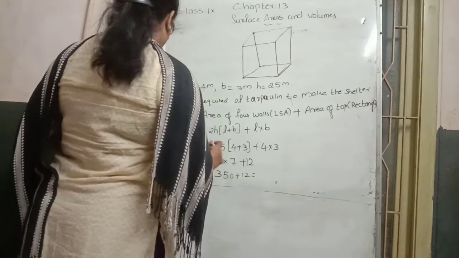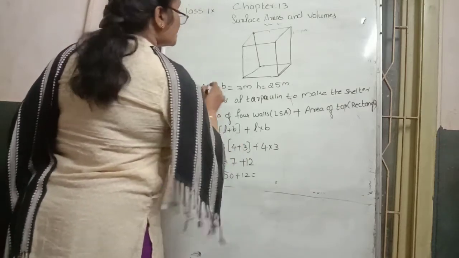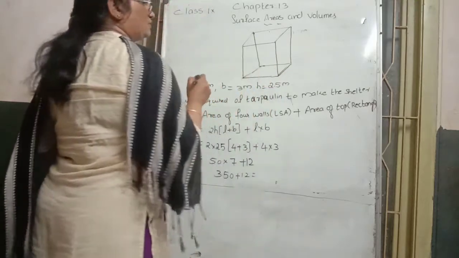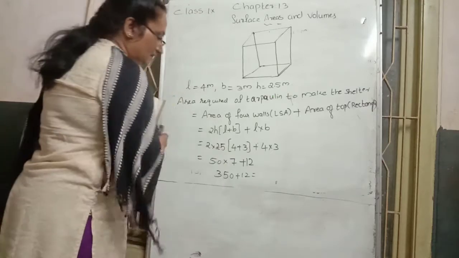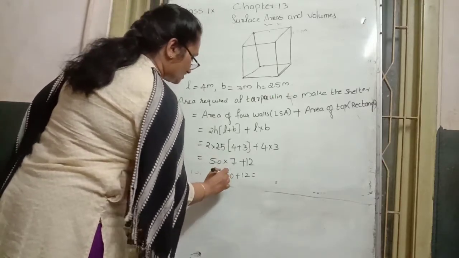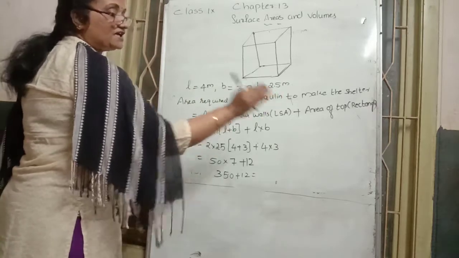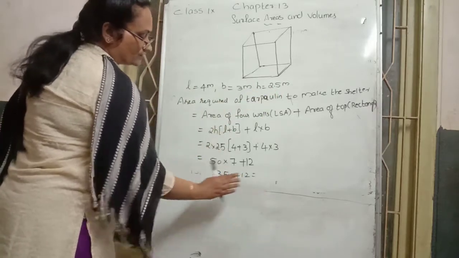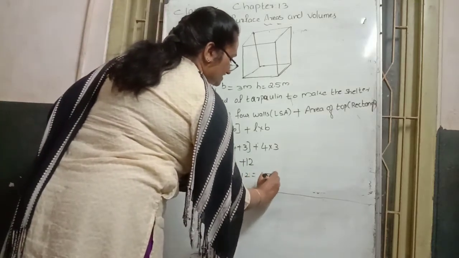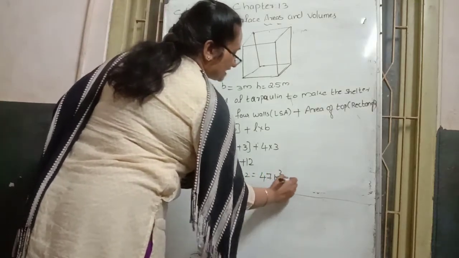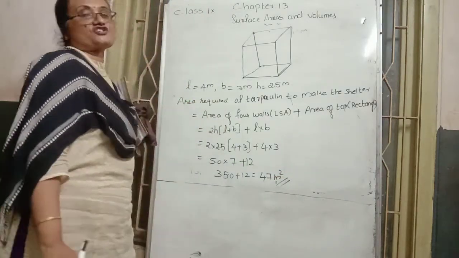Sorry, here it is not 25, it is 2.5. So keeping the decimal point, 2 into 2.5 is 5.0, and the 0 is removed, giving 5. Then 5 into 7 is 35. So 35 plus 12 comes to be how much? 47 meter square is the area of tarpaulin required to make the shelter.